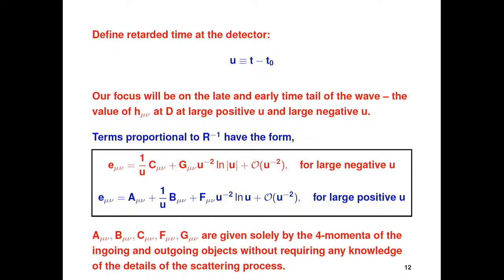As long as you know what went in and what went out, you can calculate these coefficients without knowing what actually transpired during the collision. There may be a nuclear explosion during the collision, or there may be purely gravitational forces operating during the collision. All those are irrelevant. The result is given purely in terms of the momenta of the particles that went in and the momenta of the particles that went out.